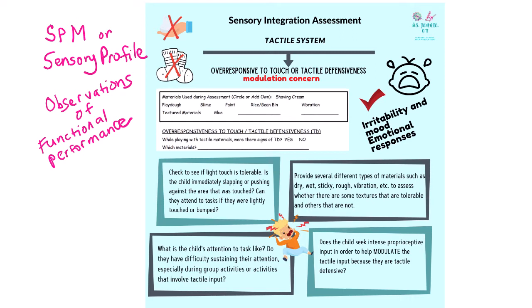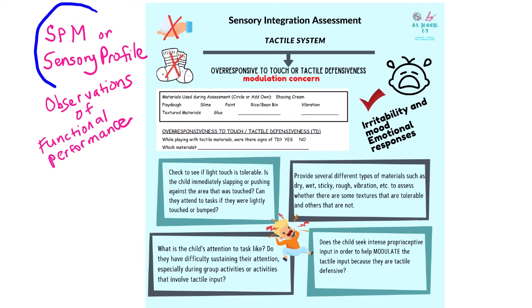So when I am looking at this in the school system, I am always going to also give either the SPM, which is the Sensory Processing Measure, or the Sensory Profile.